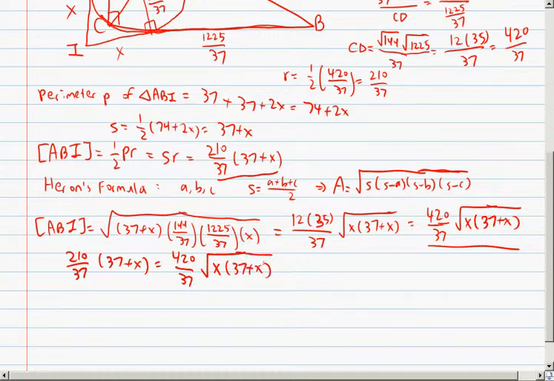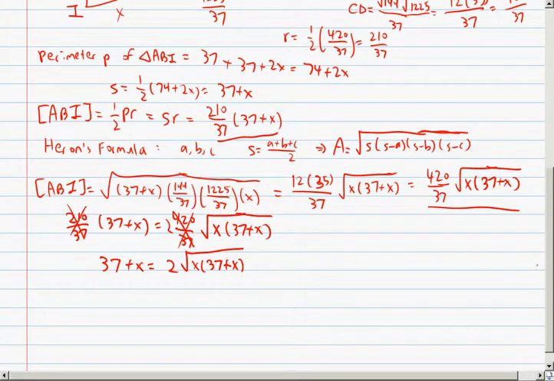We can divide both sides by 210 over 37. And that leaves us with 37 plus x equal to 2 times the square root of the quantity x times 37 plus x. And since the semi-perimeter 37 plus x cannot equal 0, we can safely divide both sides by the square root of 37 plus x.